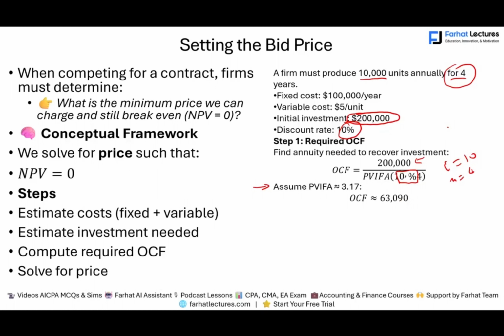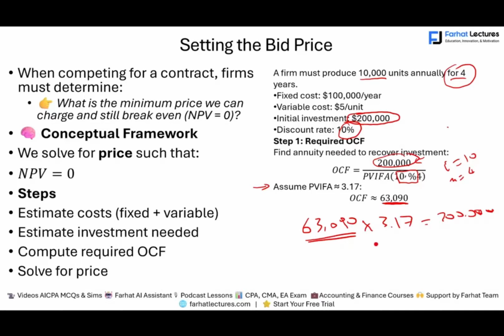Now, what did I just do? I want to know how much my operating cash flow should be so I recover 200,000, and through the time value of money I find it's $63,090, because if I take this amount multiplied by 3.17, it should give me approximately 200,000.